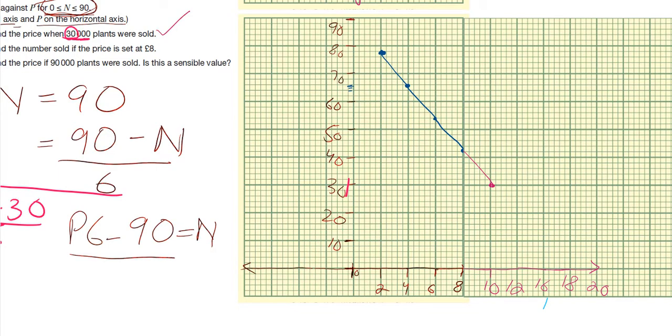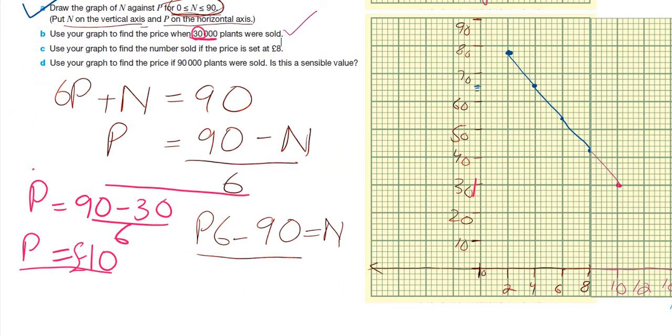Okay, the next part is what will be the number of plants sold at the price is 8 pounds. Okay, we have already found out that one, and that's about 42. Okay, that's 42,000 plants that we got at 8 pounds by using our graph.